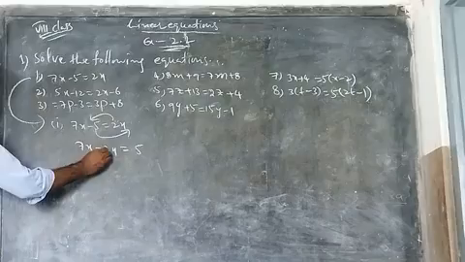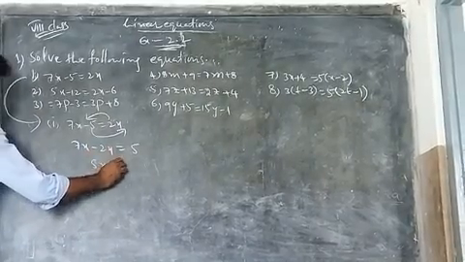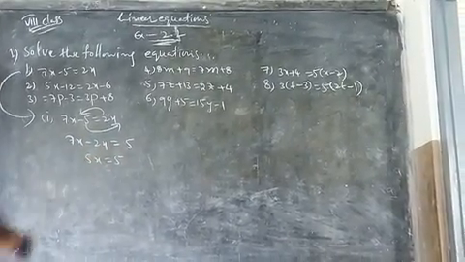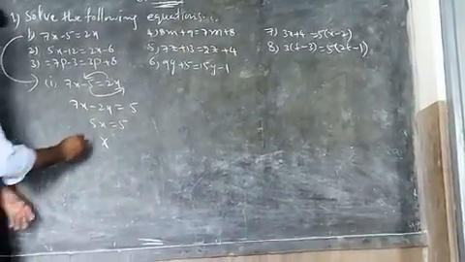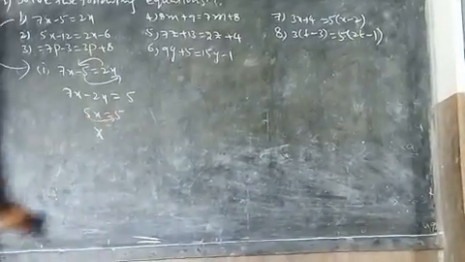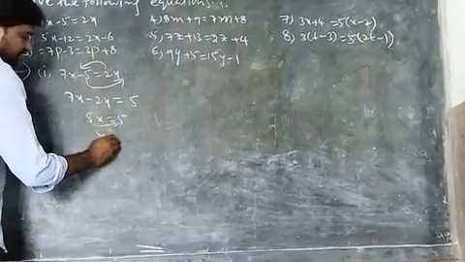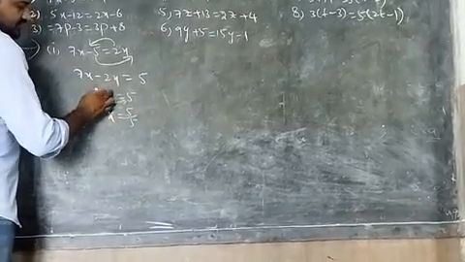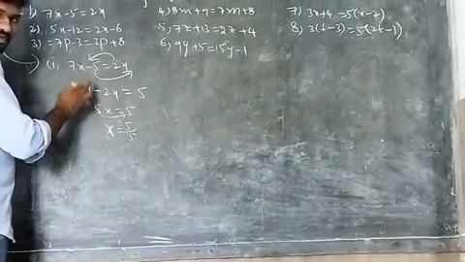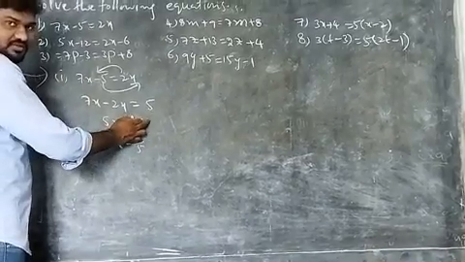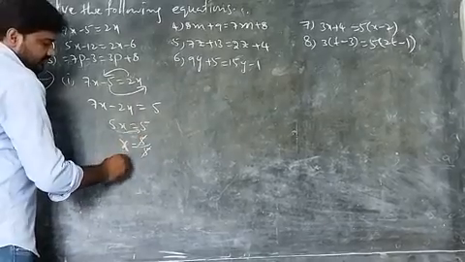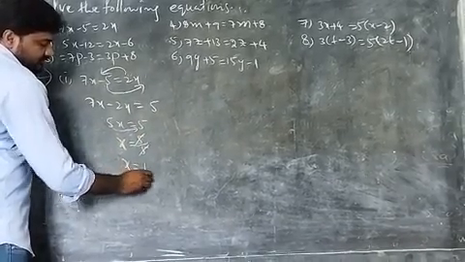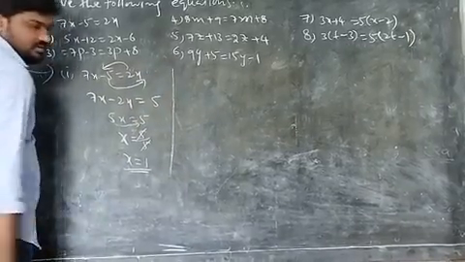So 7x minus x, how much? 6x. We need the x value, so x stays, and 6 translates to the right side as divided by. What will we get? x is equal to 1.